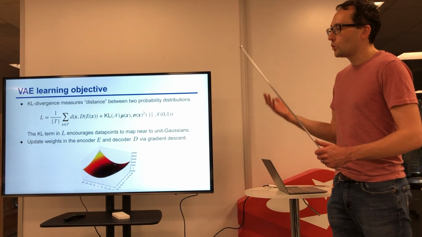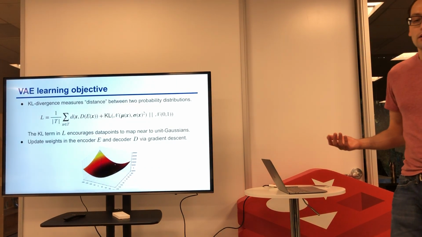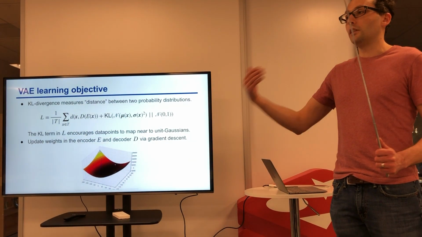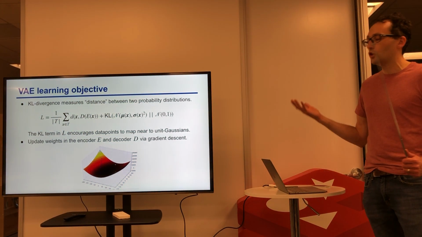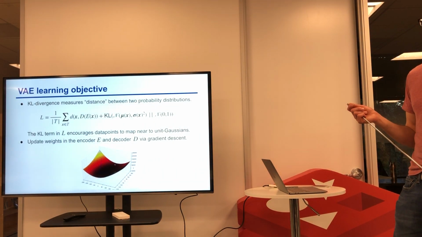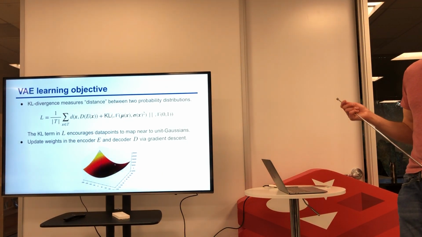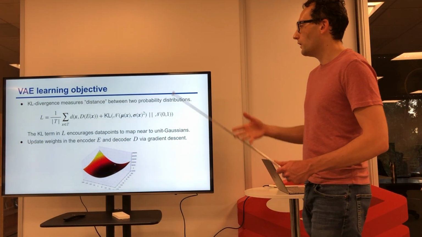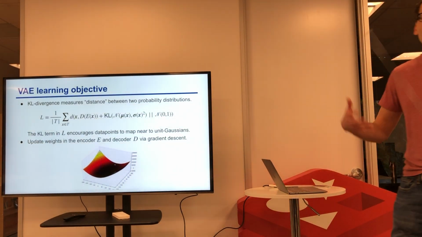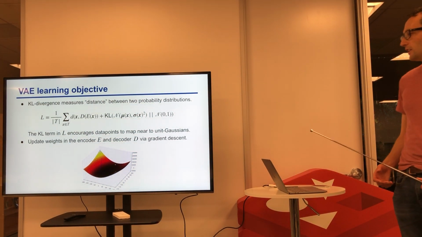When we have a structure like this, it makes life a lot easier when it comes to making random samples to feed into our decoder and generate random images, because all we have to do is draw from a unit Gaussian. This is a very constrained system. We've specified a lot of what this should look like. We've said that all of these mystery distributions have to be Gaussian, and they have to be very close to a very nice Gaussian.